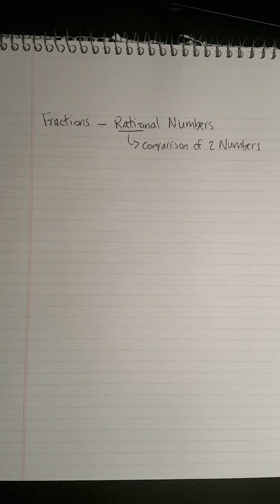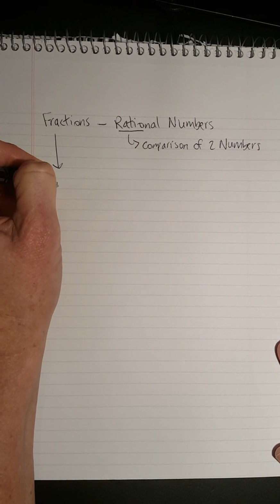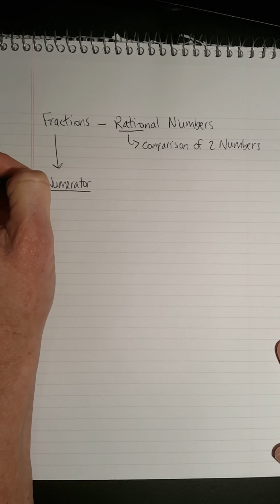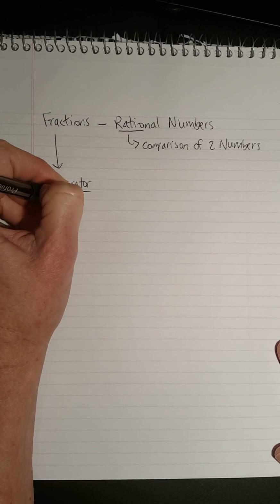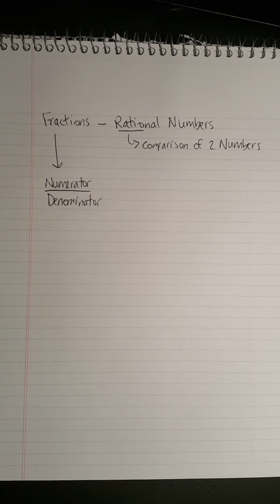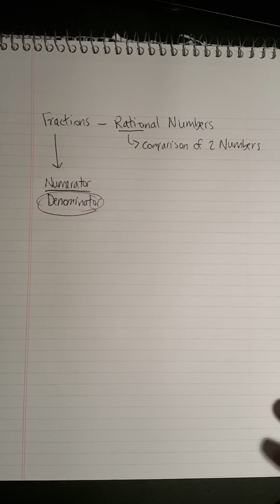Okay, so if we're dealing with fractions, fractions are in the form numerator over denominator. And the key to a fraction, or the most important piece of a fraction, is this piece right here. Your denominator is the most important piece.